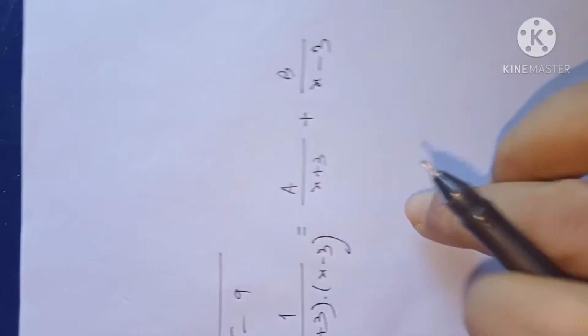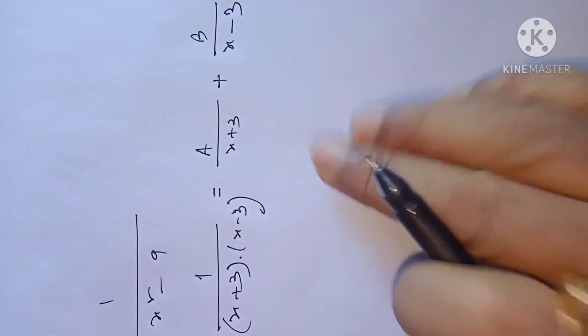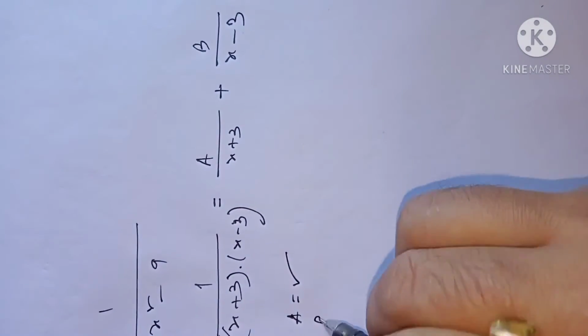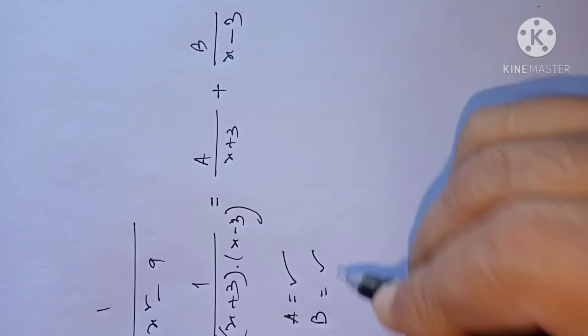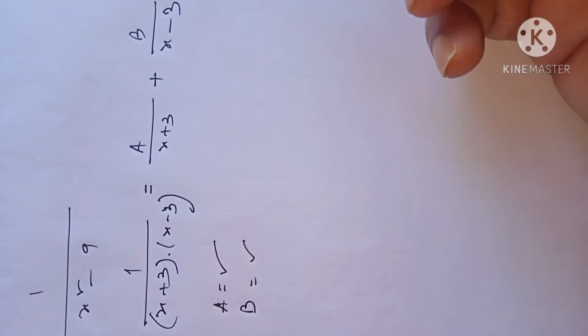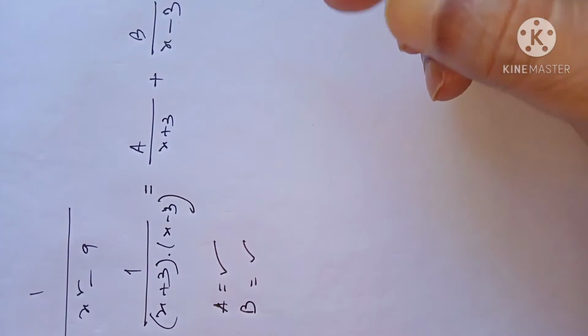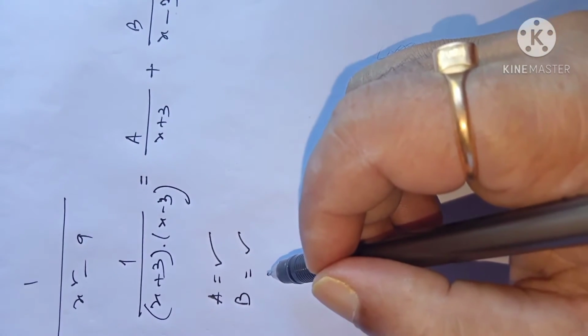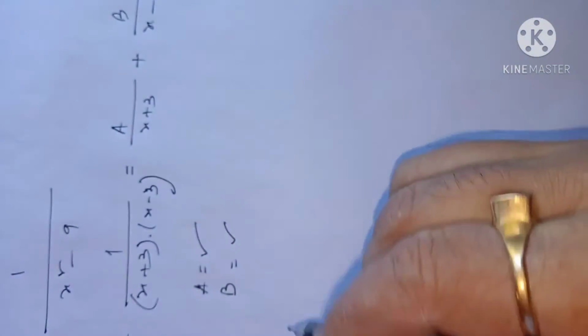After that, as I showed you in the previous question, find the values of a and b. After that, you just do the integration, you will get the right answer. Good idea?